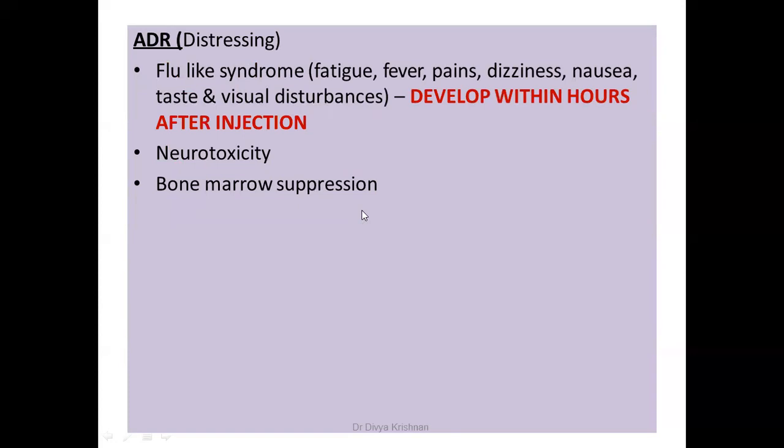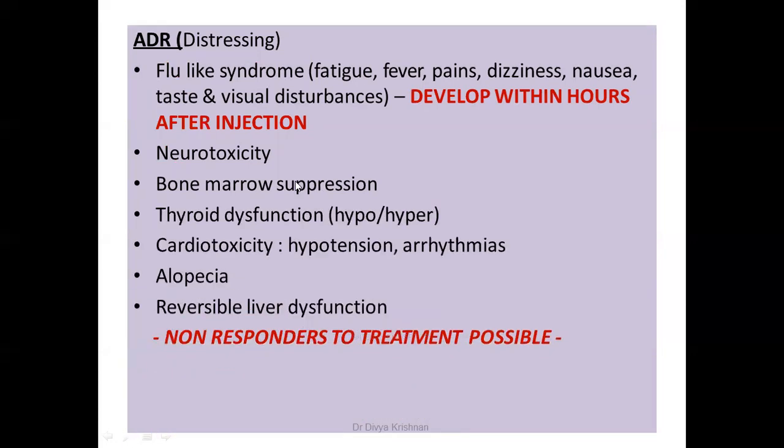The ADRs are very distressing. They can cause flu-like syndrome, especially after the injection is given. The patient can develop fatigue, fever, pains, dizziness, nausea, taste and visual disturbances. Neurotoxicity and bone marrow suppression can also occur. So somewhat distressing adverse reactions are seen with interferon.